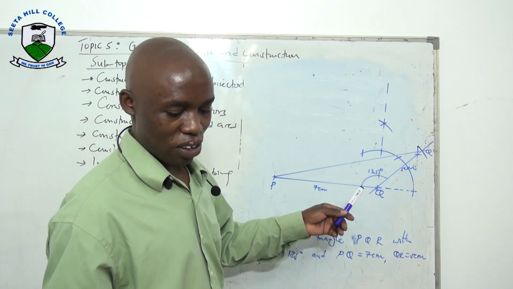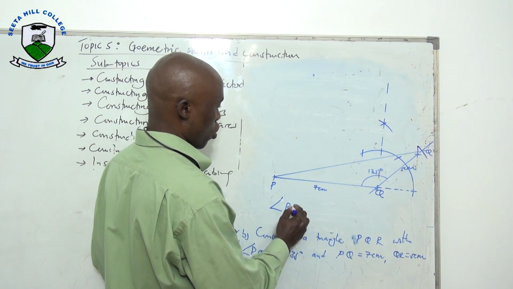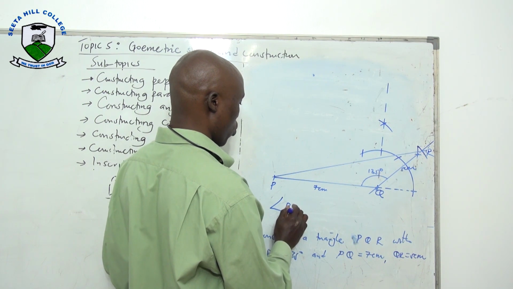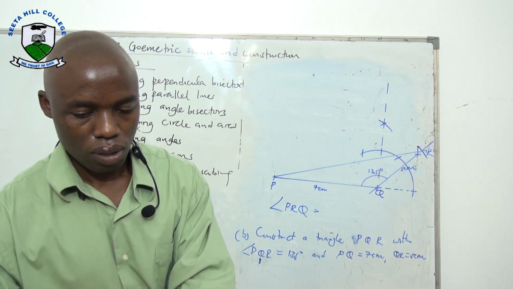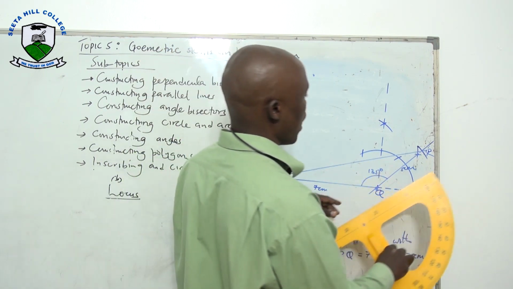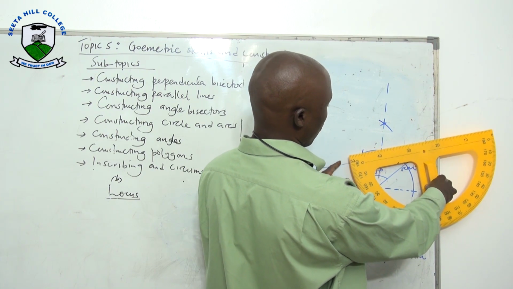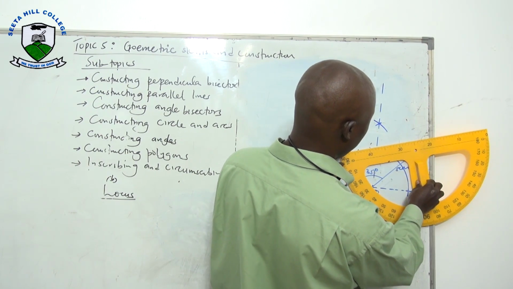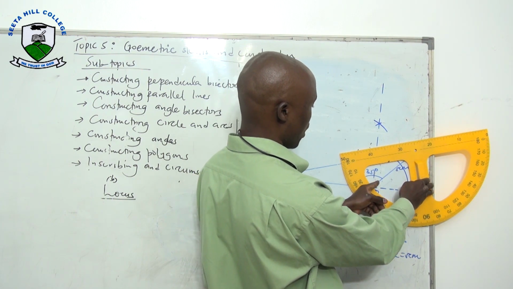How do we measure this angle? If we wanted you to measure that angle in the corner, angle PRQ, how do we measure it? That means you make sure the protractor's line sits on one line. If you make it here, then this line will act as 0. Make sure this line lies along this line, then from 0 you use the inner scale and read up to here.